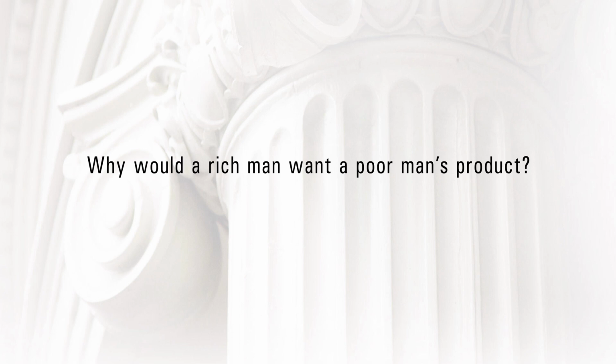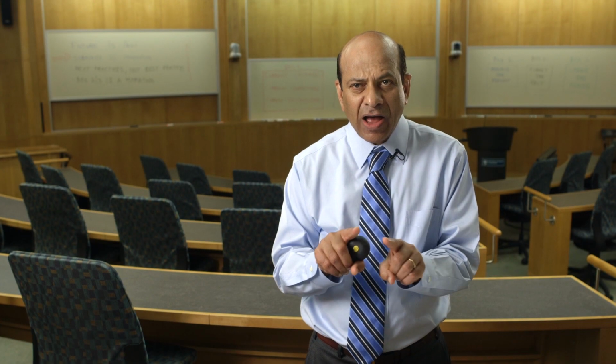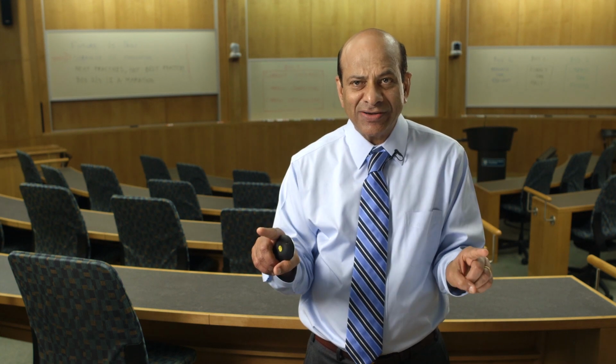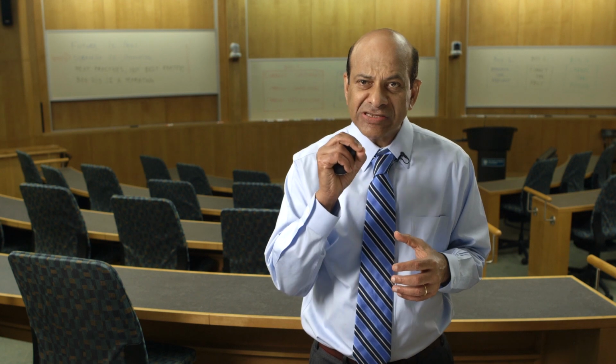You may wonder, why would a rich man ever want a poor man's product? Let me explain that by taking an example from healthcare industry. Again, think about how the healthcare industry is constructed in the US, a rich country. First of all, we spend a lot of money on health in the US. Our costs are out of control.